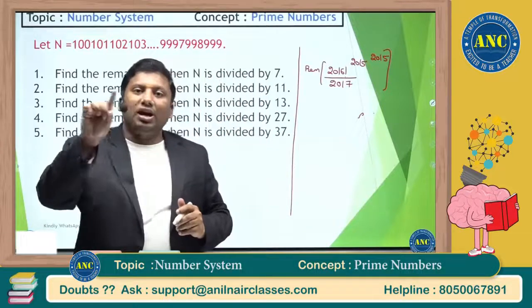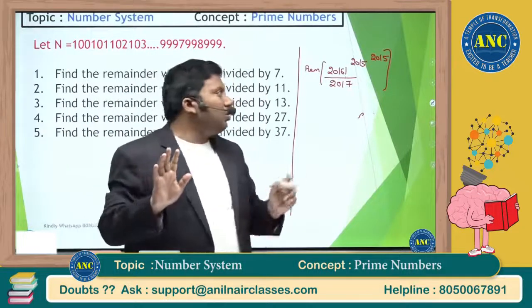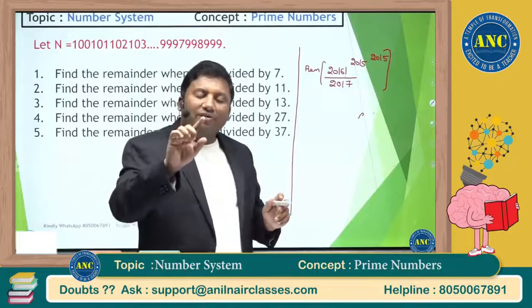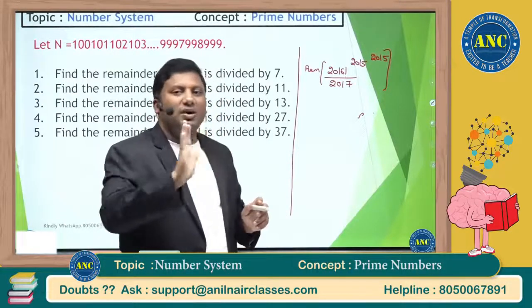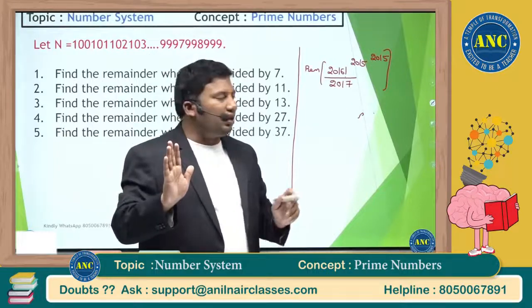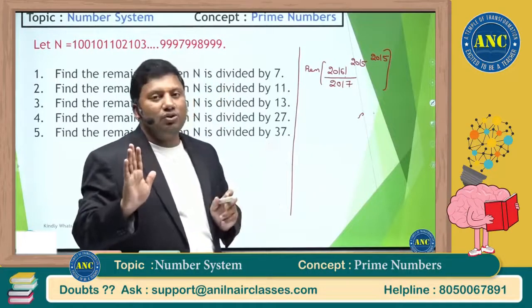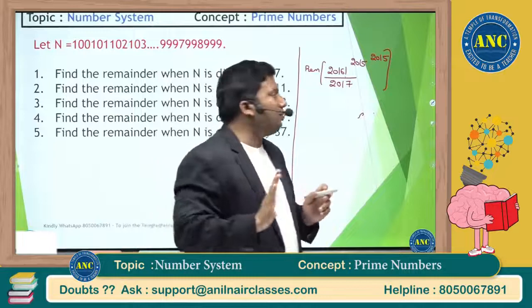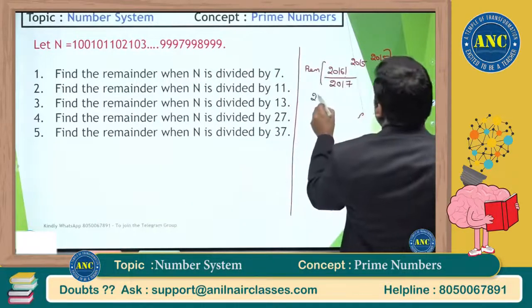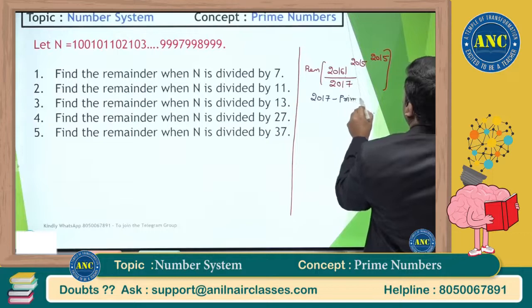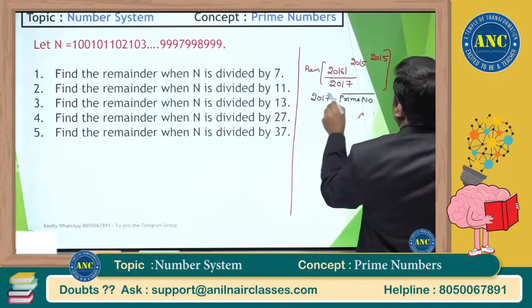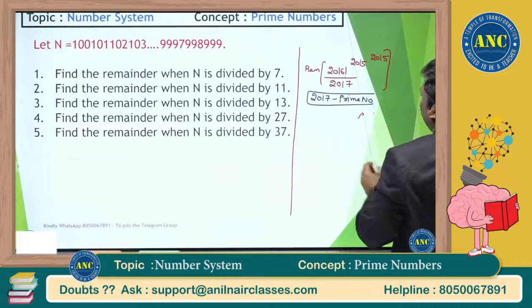Take the square root of 2017. 45 square is 2025. Take all the prime numbers less than or equal to the root. If none of them divides 2017, then the number is a prime number. If you check it out like this, 2017 will be a prime number.